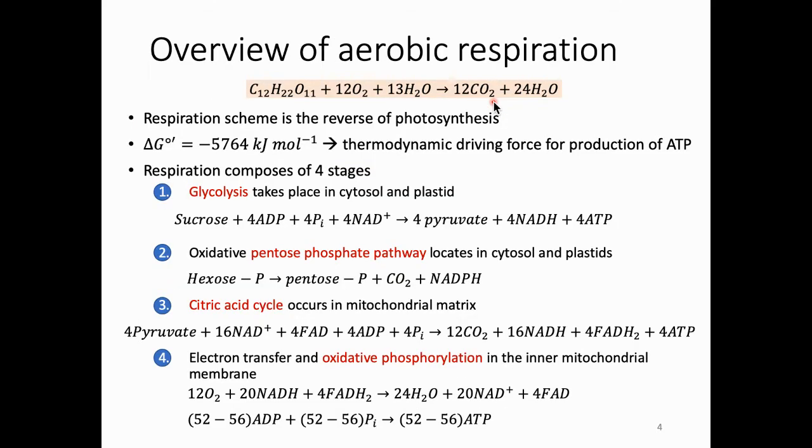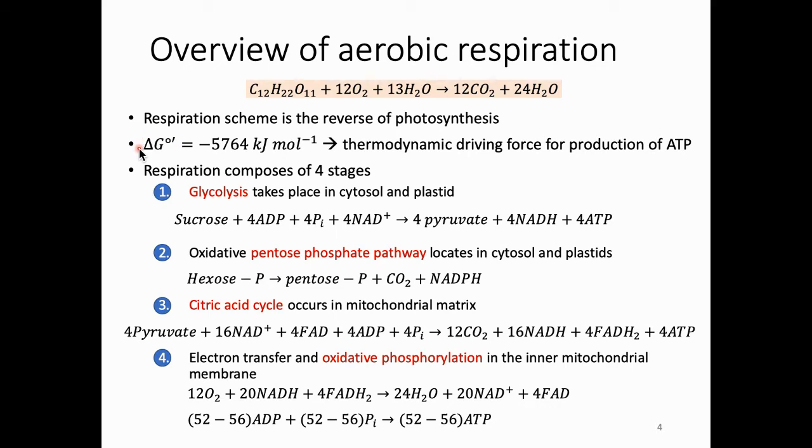So this is an overview of aerobic respiration in plants, starting from sucrose with oxygen and some water, and you get carbon dioxide and more water. In the respiration scheme, you mainly get a very negative delta G, or free energy of the reaction.